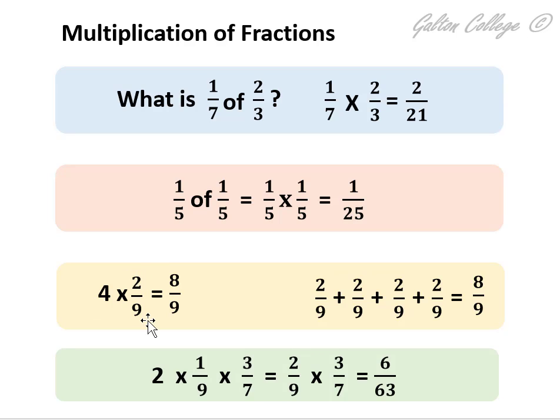We have 2 over 9 and we have it 4 times. So we have 2 over 9 once, twice, 3, 4. Now if you add it up, we'd have 2 plus 2 plus 2 plus 2 is equal to 8. 8 over 9. The same as 4 times 2 over 9 is 8 over 9.